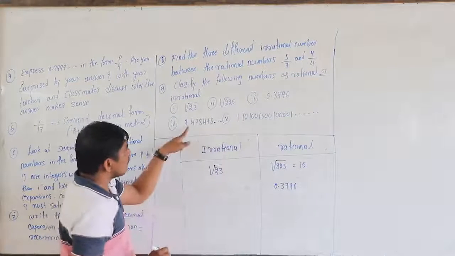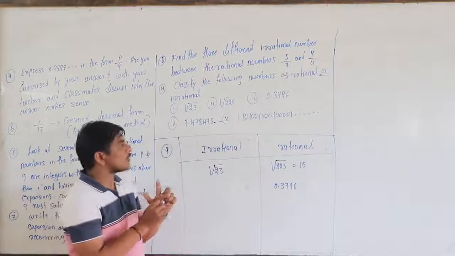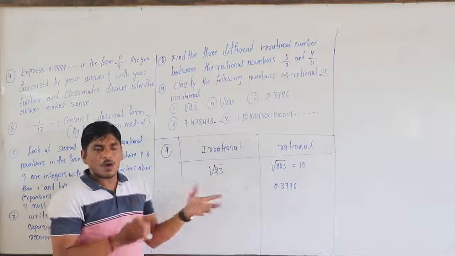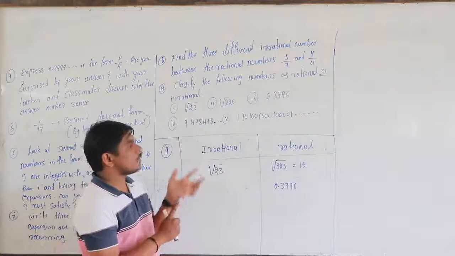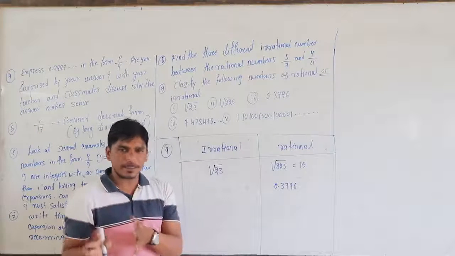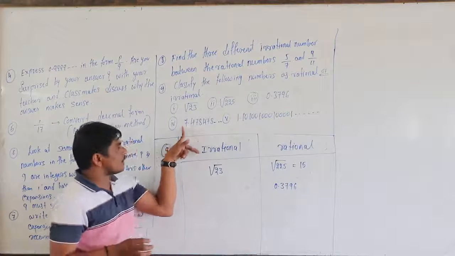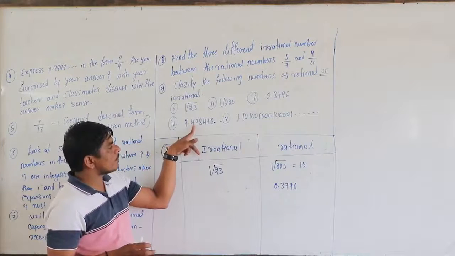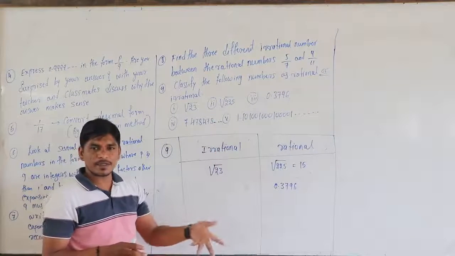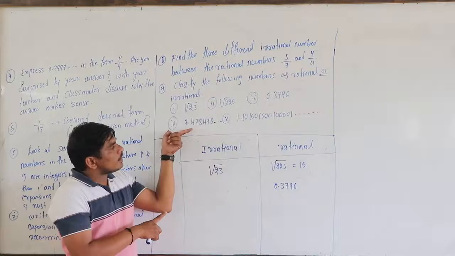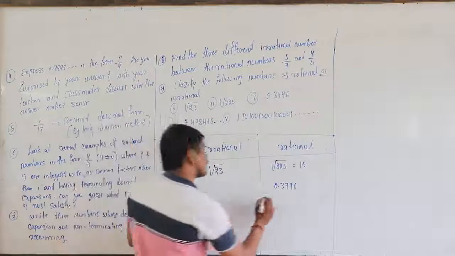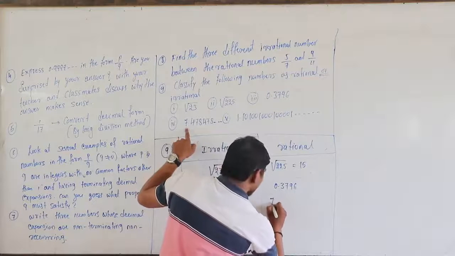Now this number is also rational because this is non-terminating recurring. According to the definition of a rational number, all rational numbers are terminating or non-terminating recurring numbers. The fourth one, 7.478, then 478 is continuously repeated. It means this is non-terminating recurring. That's why this is also rational.